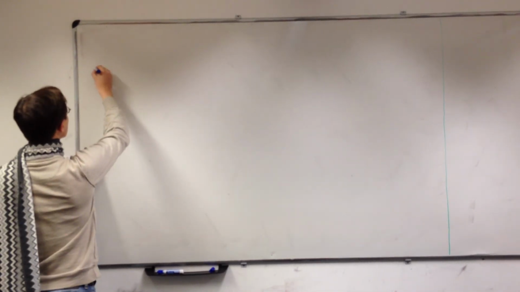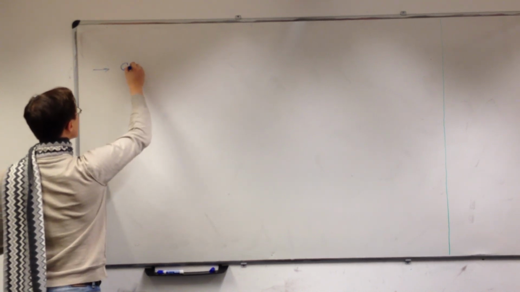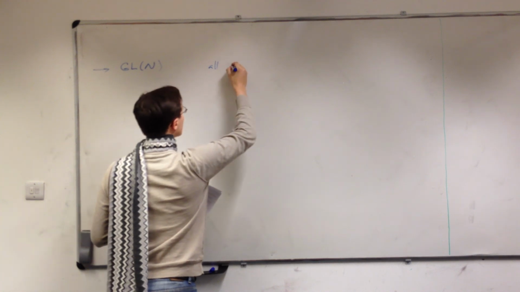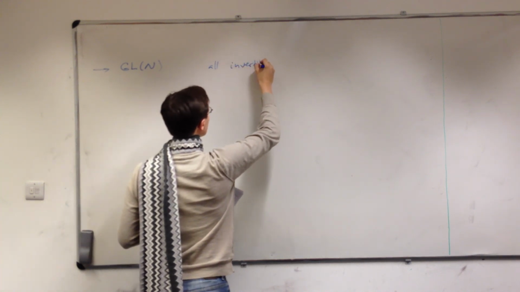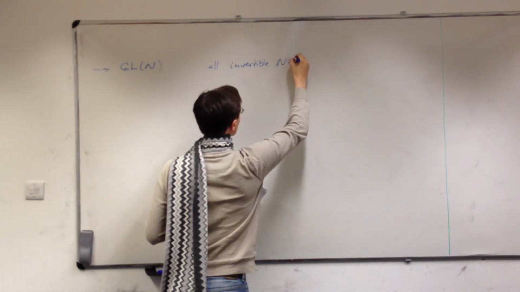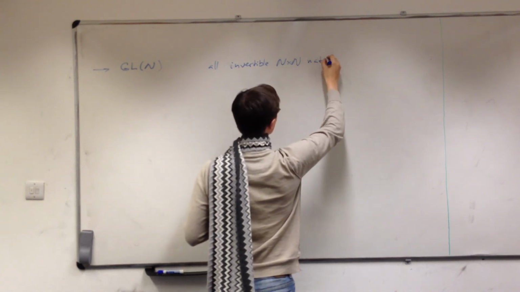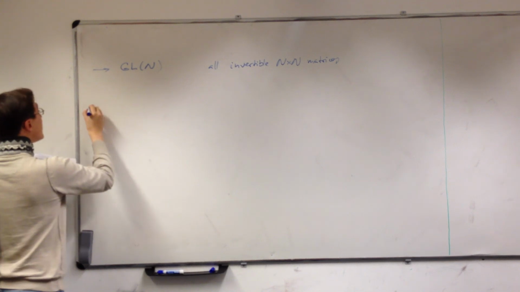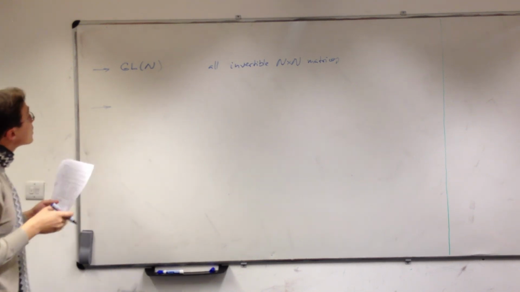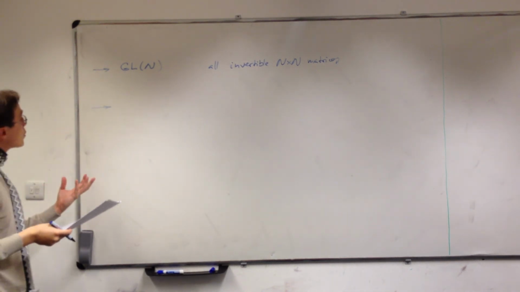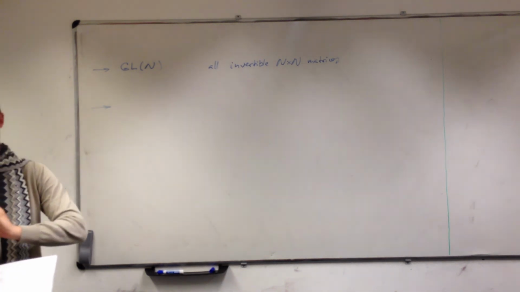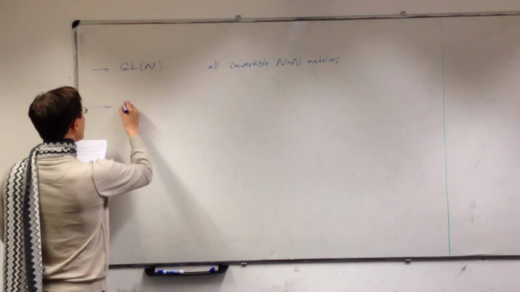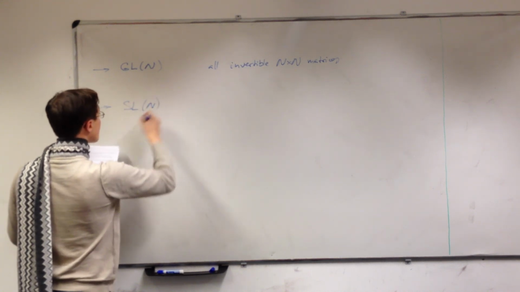So, groups. Firstly, the biggest one, GLN. So all invertible n by n matrices. A slightly smaller one, and it arises in situations where we need to preserve volumes and orientations in our dynamics, clearly a fairly frequent requirement. SLN, special linear group.